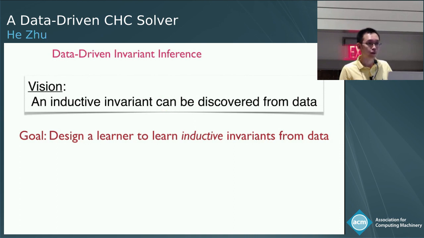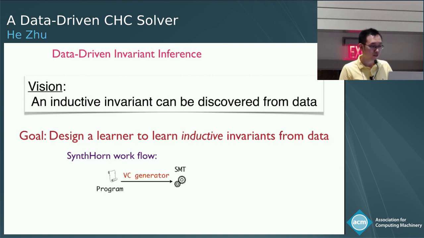Our vision from this simple example is that an inductive invariant can be discovered from data. The goal of our research is to design a learning algorithm to automatically learn inductive invariants from data. If we can realize such a goal, then we'll have a data-driven verification framework. Say, given a program, we'll use a VC generator to extract verification conditions.